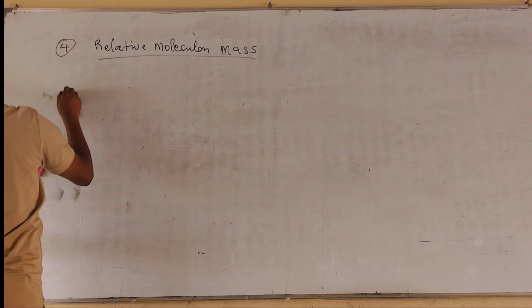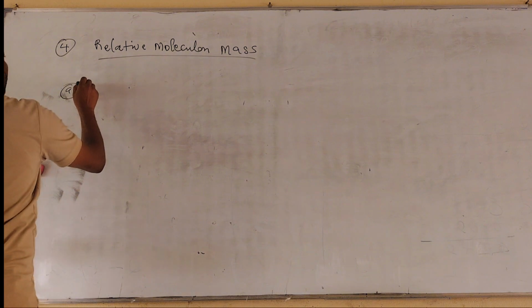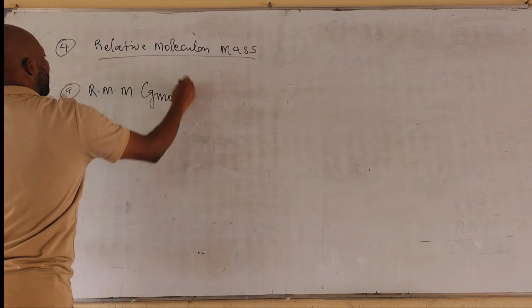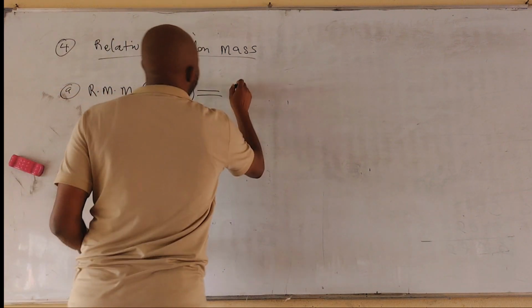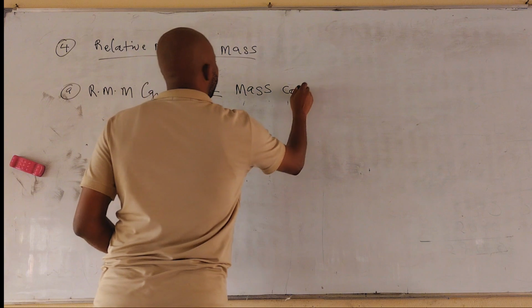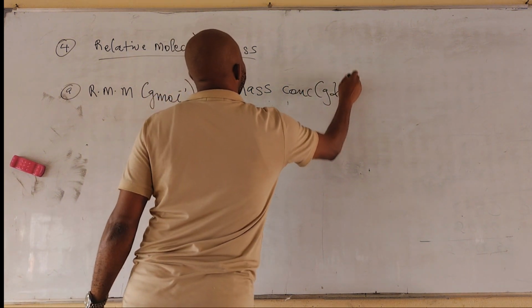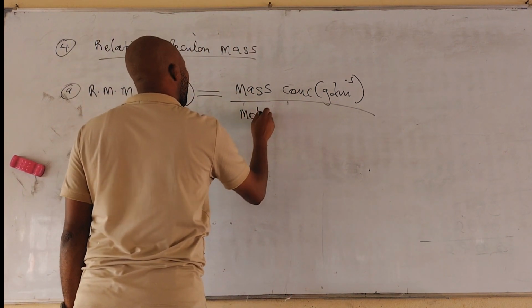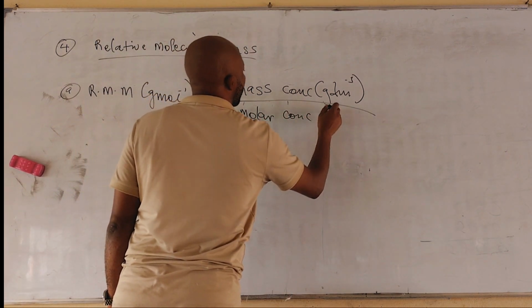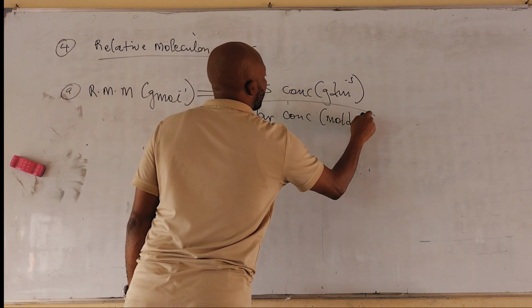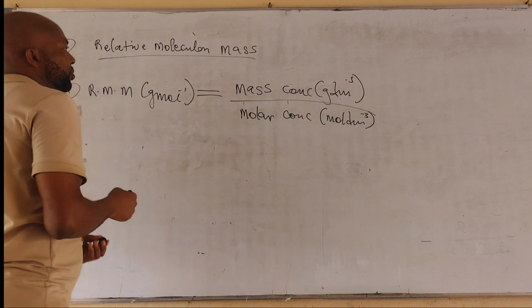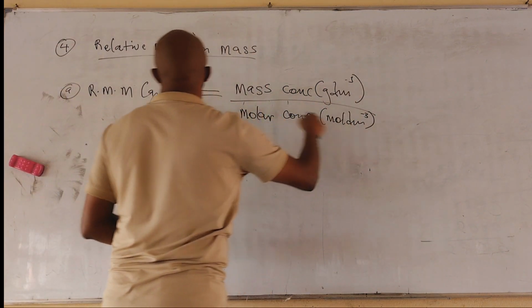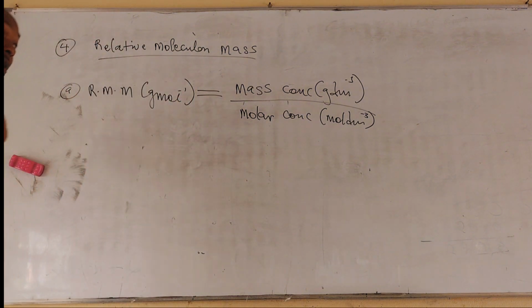A, relative molecular mass in g/mole is equal to mass concentration in g/dm³ over molar concentration in mole per dm³. So dm³ will go, this is g per mole. That's our first formula for that.